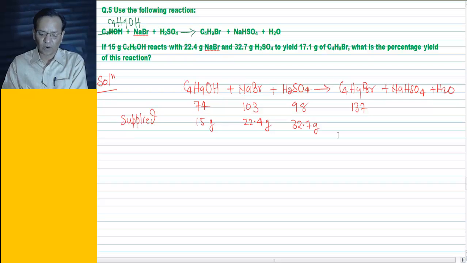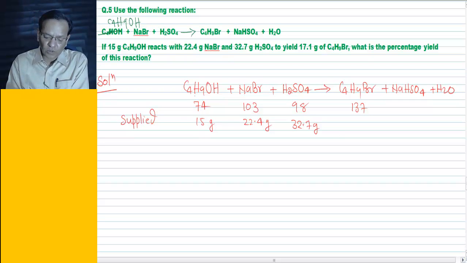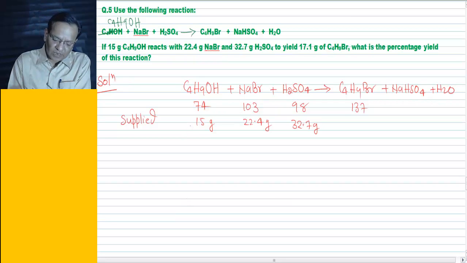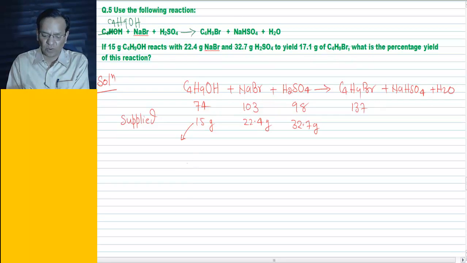What we'll do, we'll make one of these equal to the stoichiometric mass. So let us convert this to 74. Multiply these whole masses by 74 upon 15. So 74 upon 15 is now the multiplying factor.